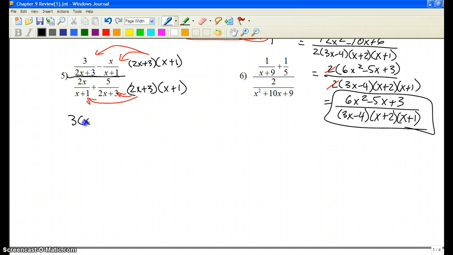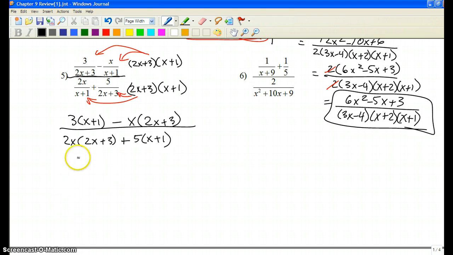So we're left with 3 times x plus 1 minus, in the second fraction, x plus 1 and x plus 1 are going to reduce. So we get x times 2x plus 3 all over. Same kind of situation here. We get 2x times 2x plus 3 plus 5 times x plus 1. Now we're going to reduce and simplify.